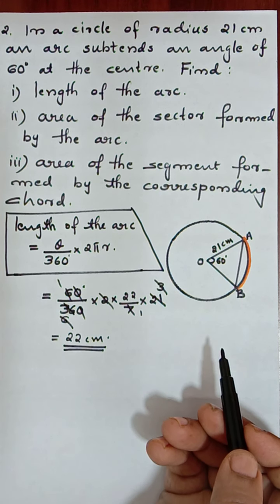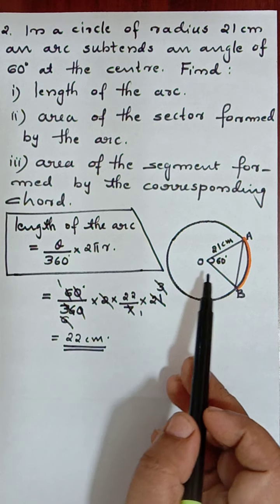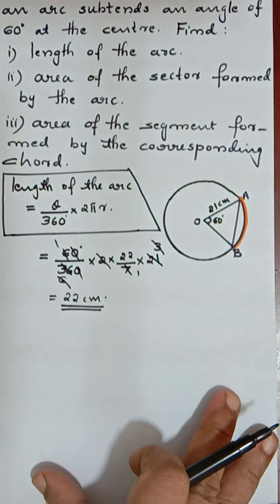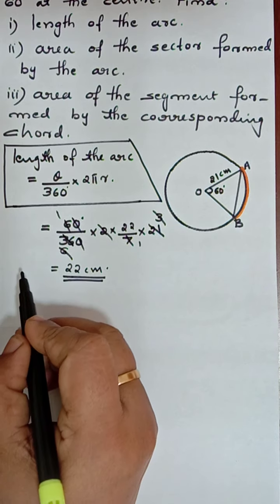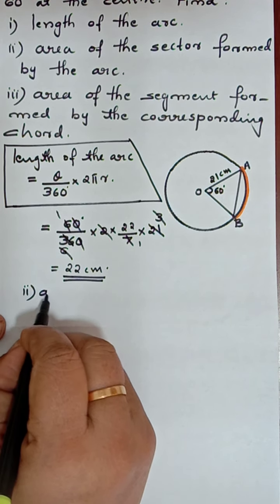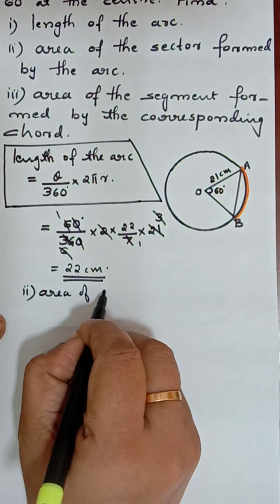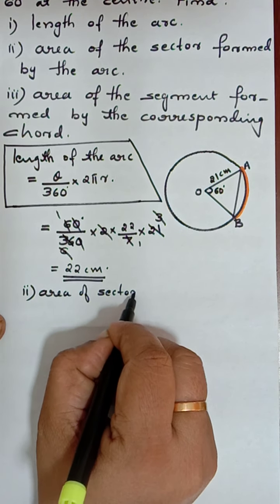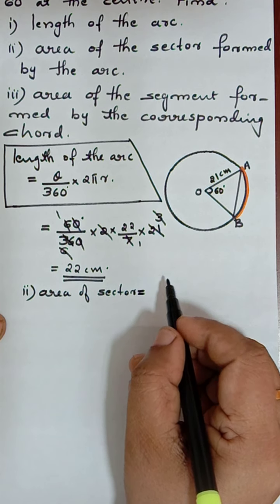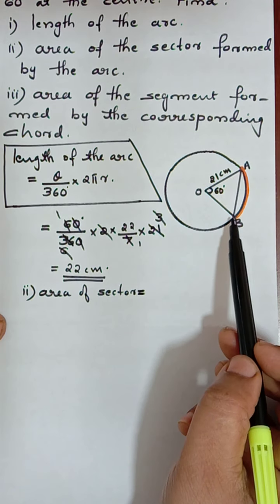Now move on to second part, area of the sector formed by arc. This arc is forming only an angle 60 degree. So everybody knows the formula, just substitute in the formula. That is area of the sector, mark it as 2. Area of sector equal to, if they haven't mentioned it as major sector, it is understood that it is minor sector.